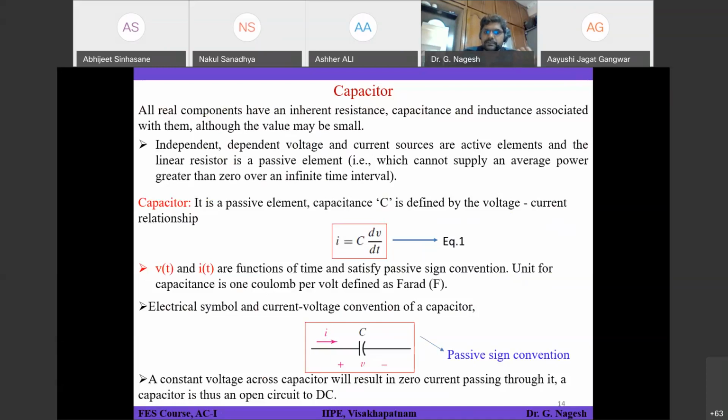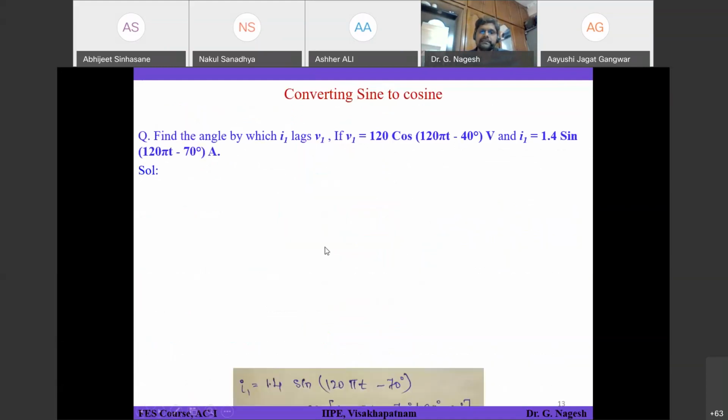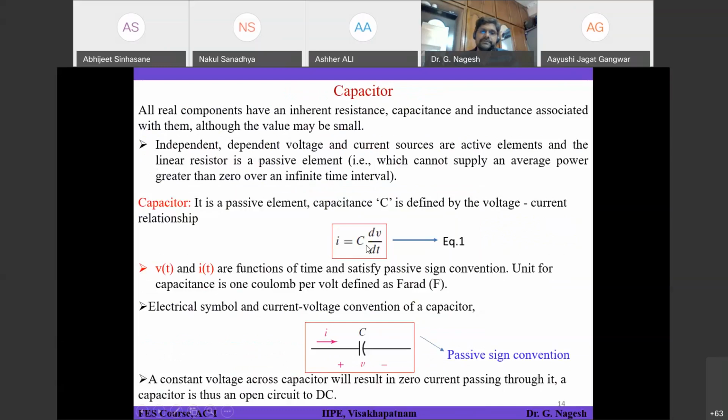So the capacitor tries to resist the change in voltage across it. That is one property, and for DC it acts as an open circuit. Clear? You have to remember the basic expression I equals C into dV by dt and the passive sign convention.